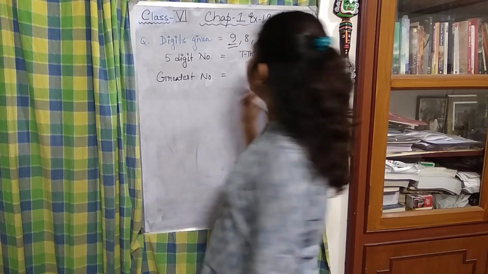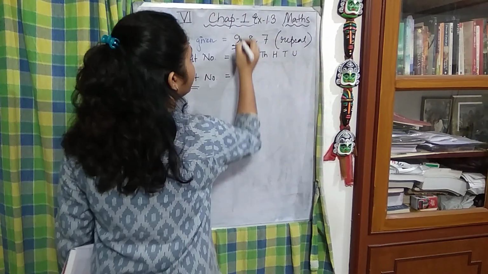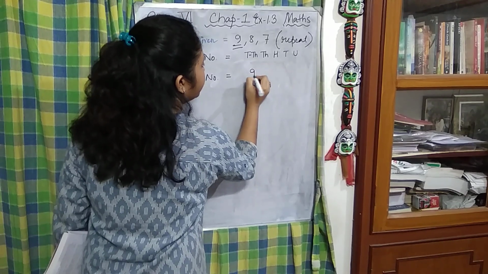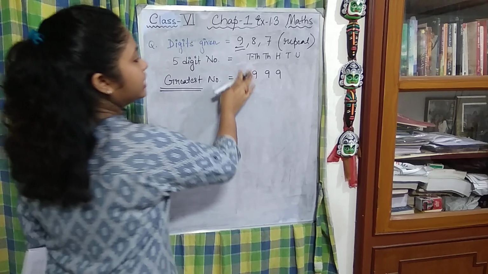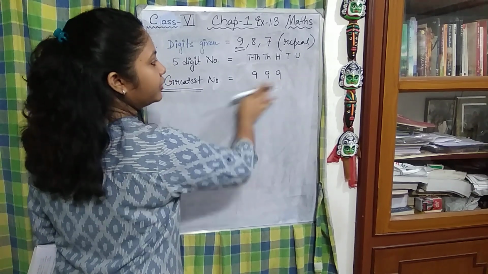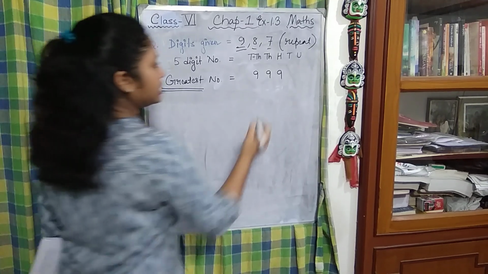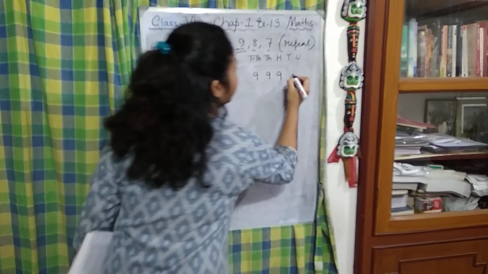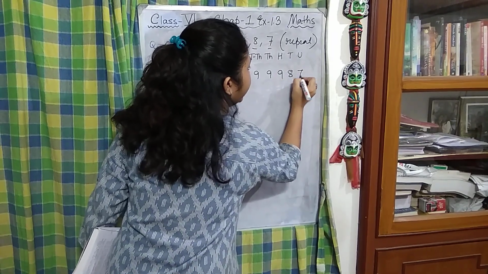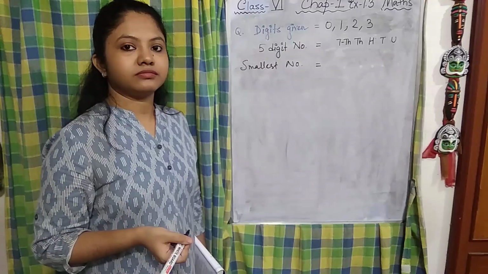So how are we going to write it down? We are going to write 9 at the maximum, so I fill these with 9. The last 2 numbers are remaining, right? So 7, 8 is smaller than 8, 7, right? So we are going to write 8, 7. So this is going to be the greatest number.